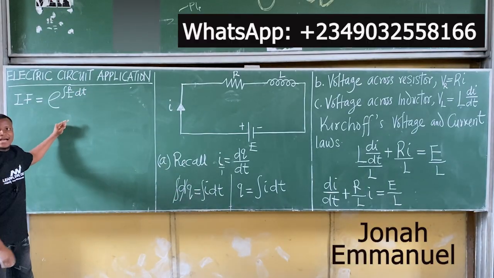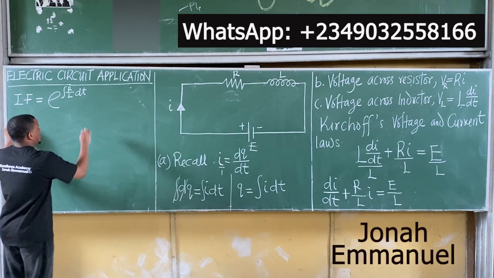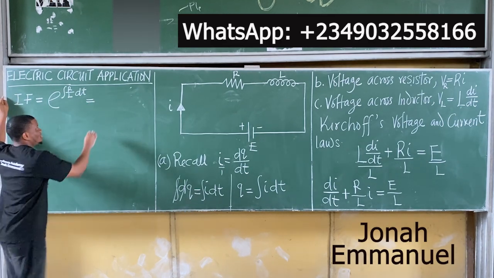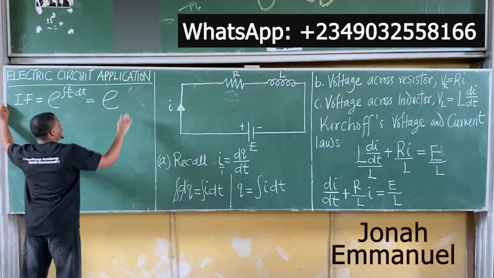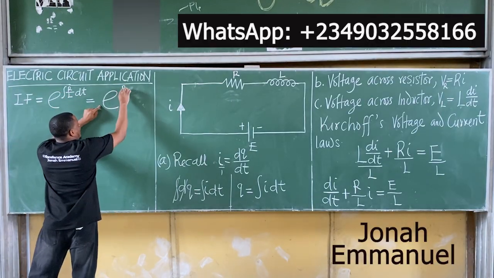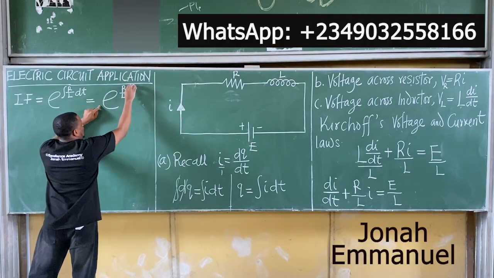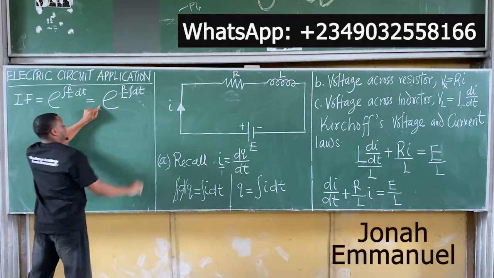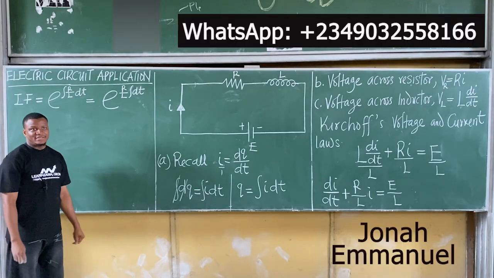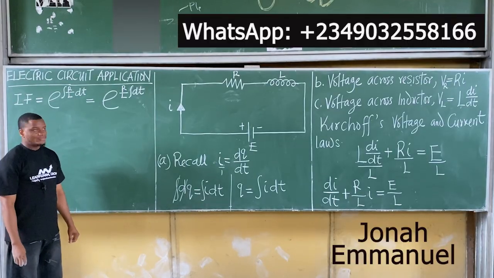What do you get here? How do you integrate this? What do you do? In integration generally, we said the constant goes outside the integral sign. The constant here is what there? R over L, integral of what there? The dt. This is a constant. It doesn't have t. So take it outside the integral sign, then put the dt.